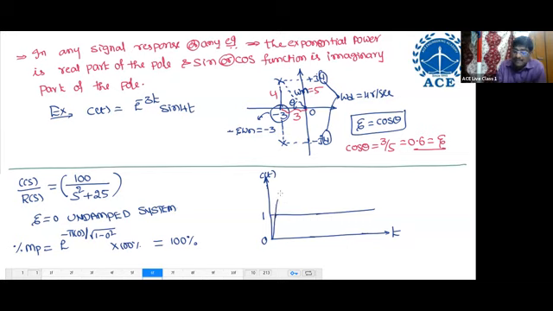So for an undamped system, whether you observe it or not, the peak value is 2. Why?